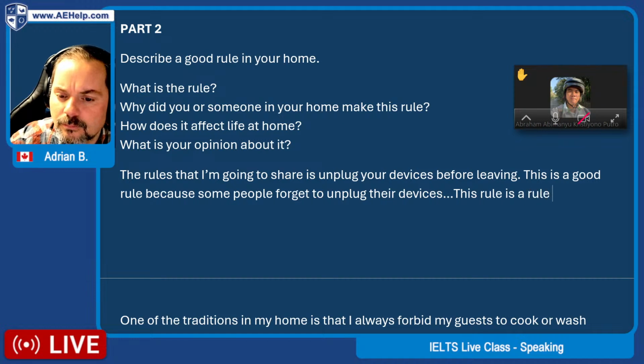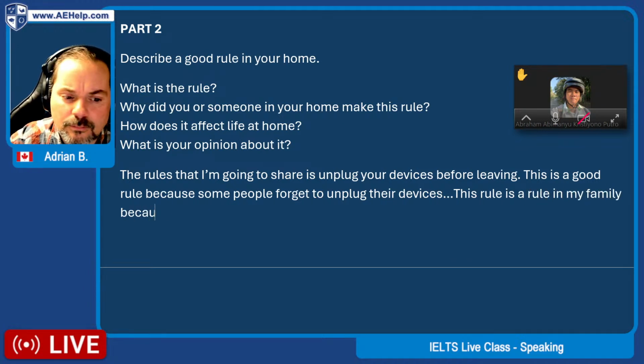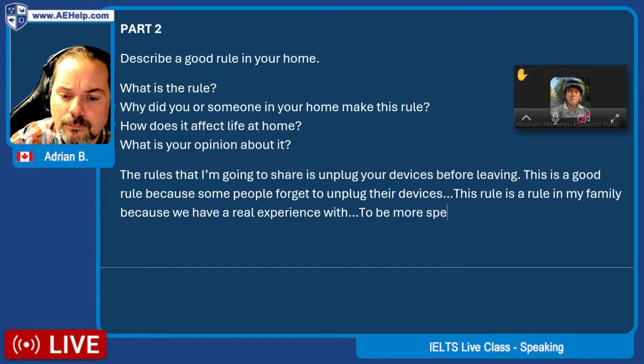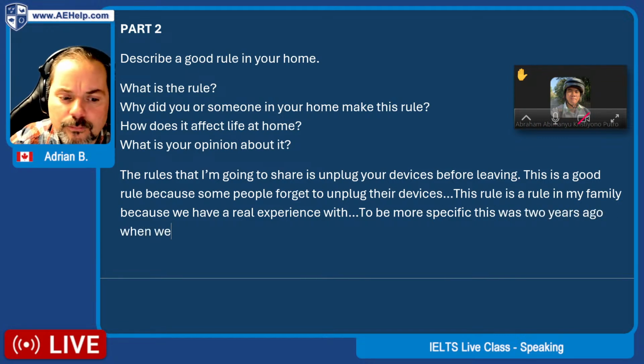To be more specific, it was maybe 2 years ago when we had a mass gathering, mass communions, and we were to leave the house for 2 hours, and because we were late to come to the church, we didn't check every equipment and device at home. We just left the house and locked the doors and the windows.